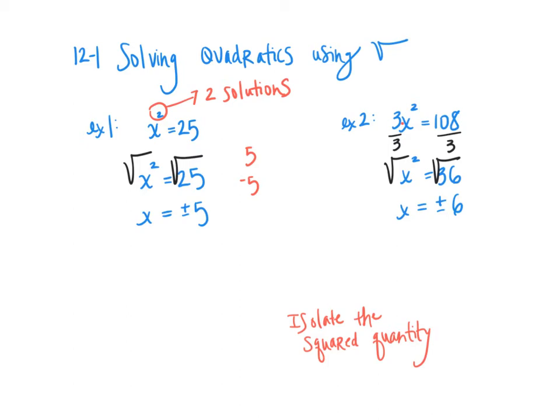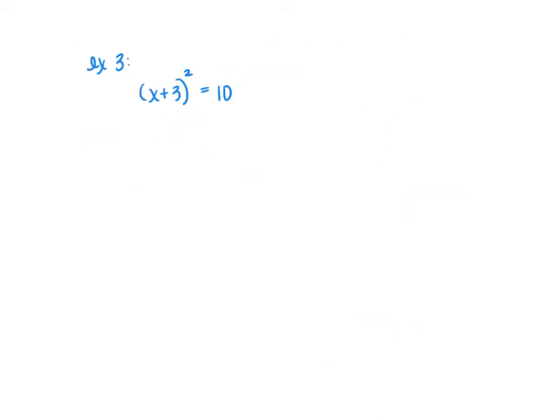Okay, now let's look at a problem that's a little bit more complicated. We have the quantity x plus 3, that quantity is squared, equal to 100. Now, I always talk about make sure your answer is reasonable. So many of you could probably do this problem in your head, at least for one of the solutions, because we know what squared is 100.